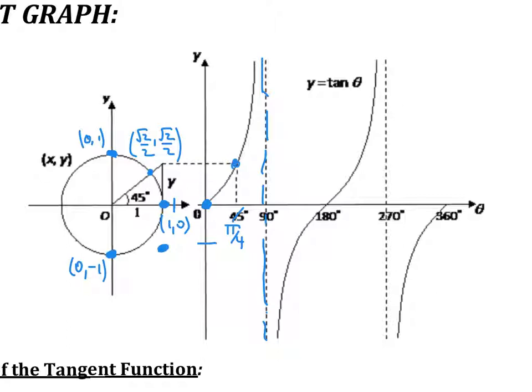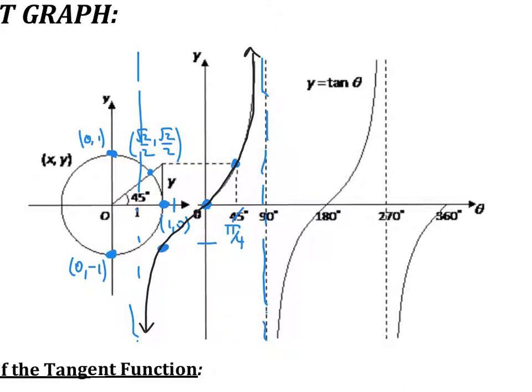Negative 1 divided by 0 is undefined. So we have an asymptote occurring here, and so if I were to finish our tangent curve, it looks like this. It's like an S curve. It kind of looks like our cubic function, okay?